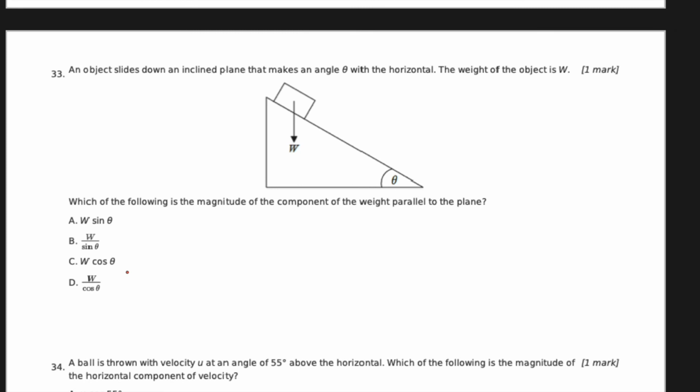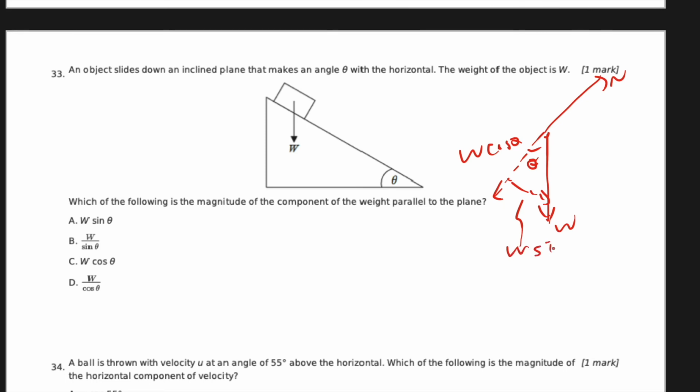An object slides down an inclined plane that makes angle theta with the horizontal. The weight of the object is W. Which of the following is the magnitude of the component of the weight that is parallel to the plane? So here is W, here is N, here is going to be W cosine theta, and here is going to be W sine theta.